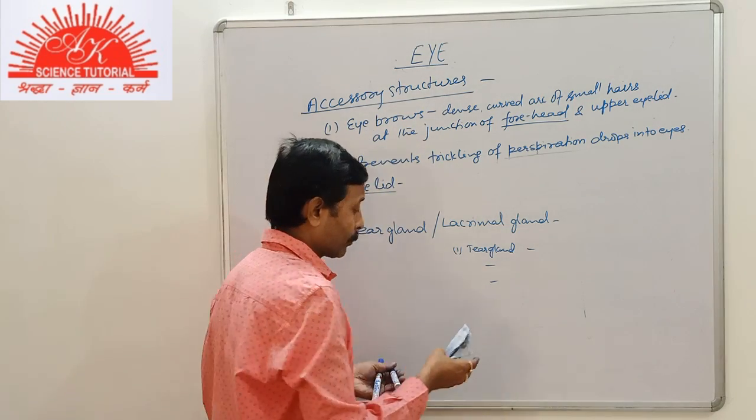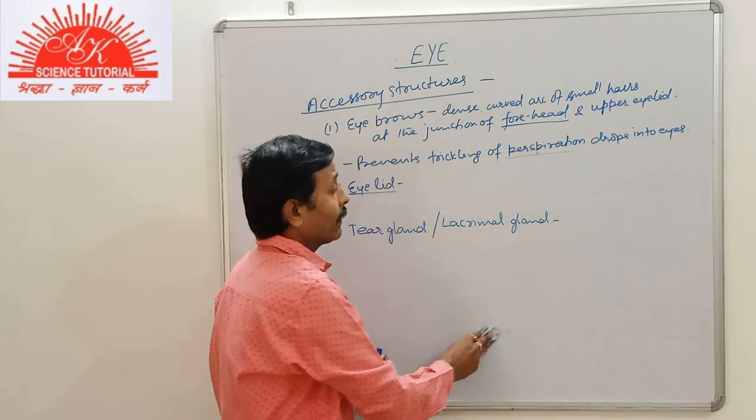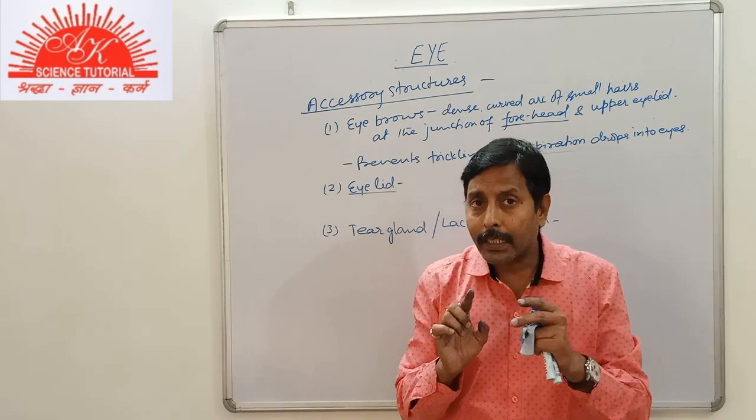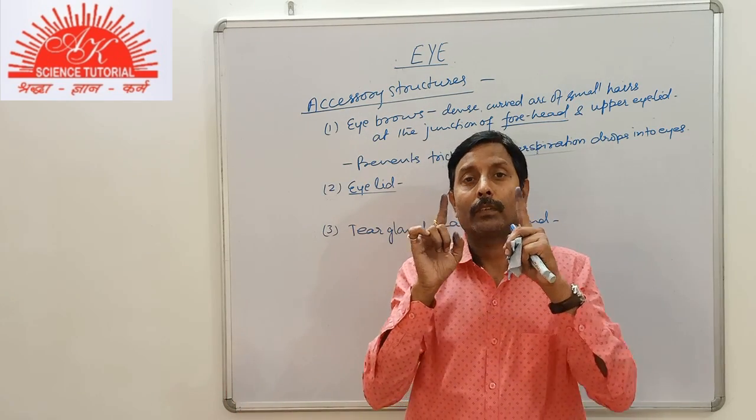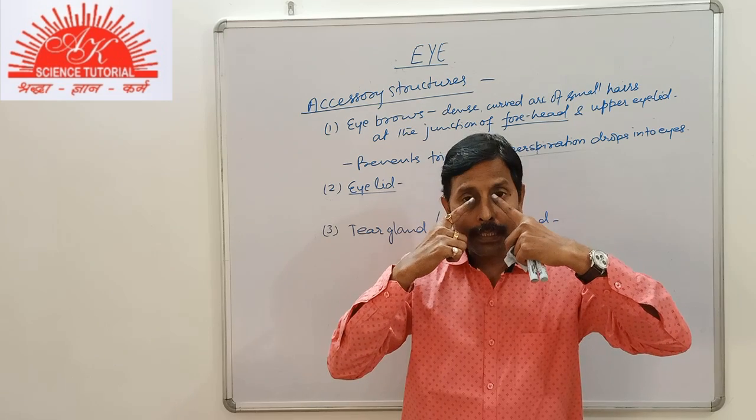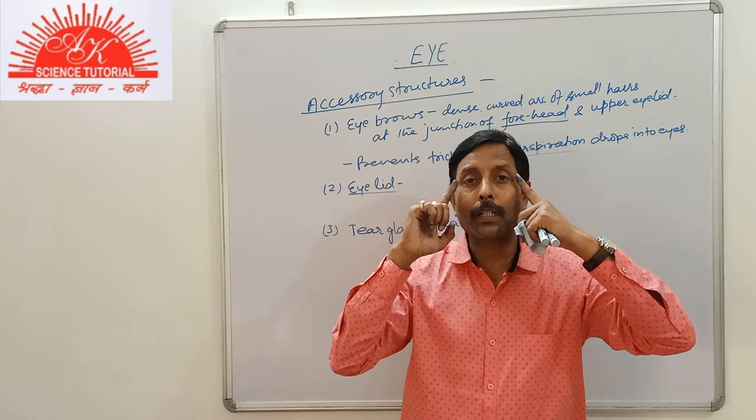So the tear gland is located on the outer upper part of the eyeball. You can see this is the inner side of the eyeball, this is the outer side of the eyeball.